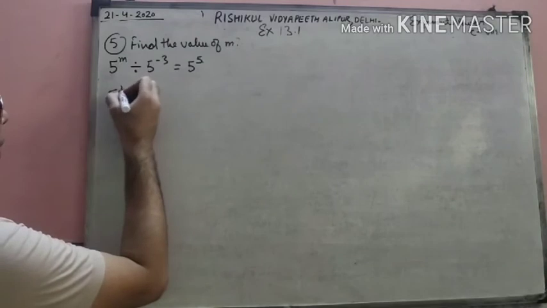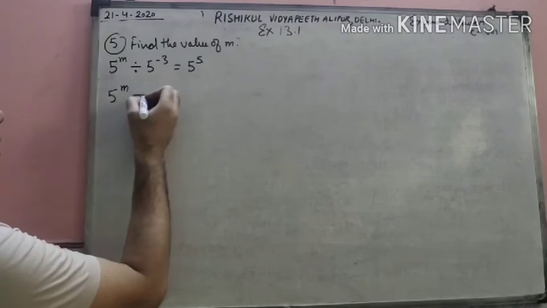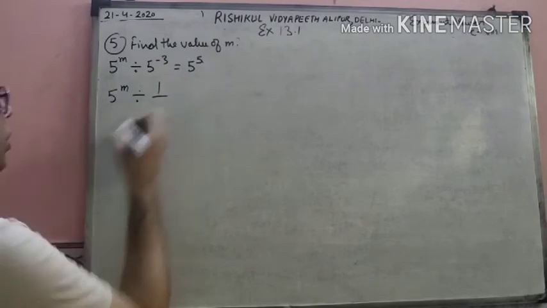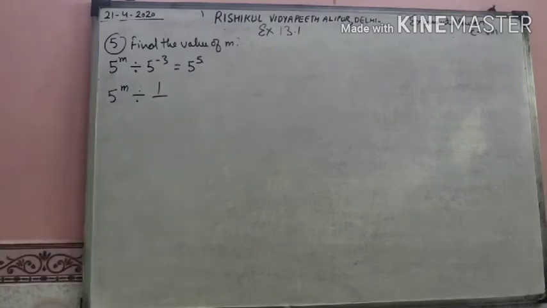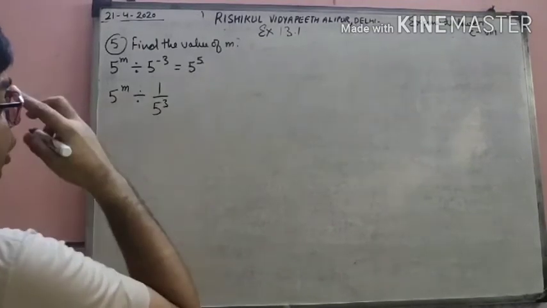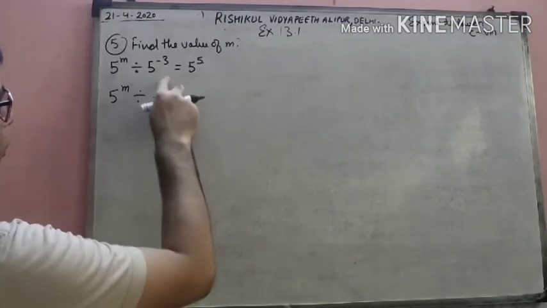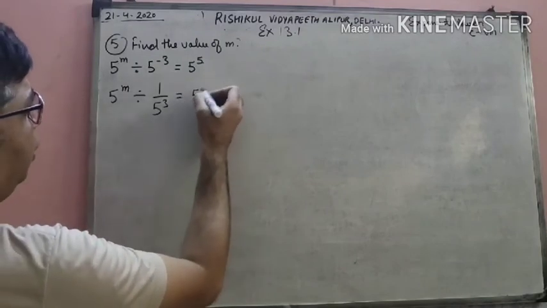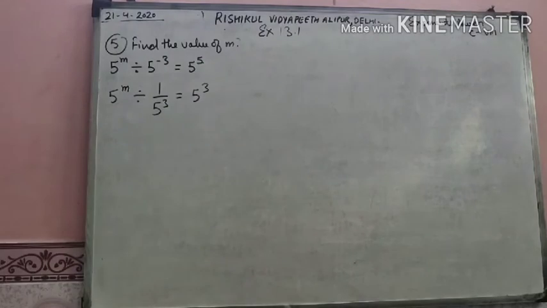First of all, we take the multiplicative inverse. The multiplicative inverse of 5 raised to power minus 3 is 1 upon 5 raised to power 3. How will you do it now?